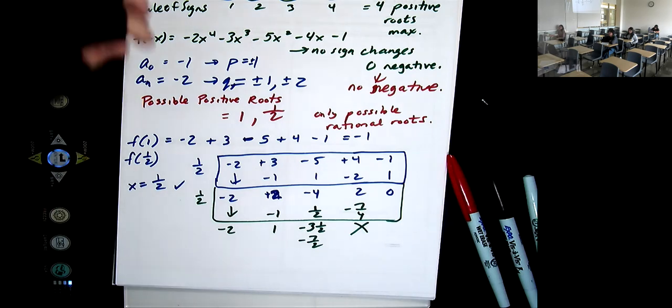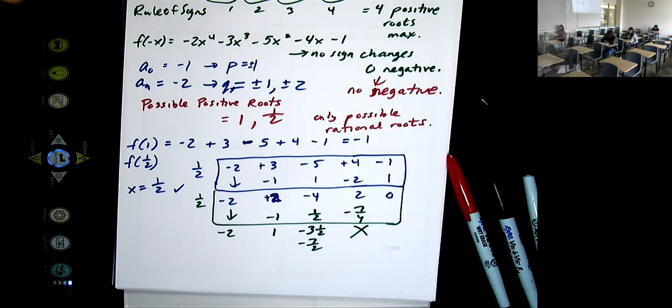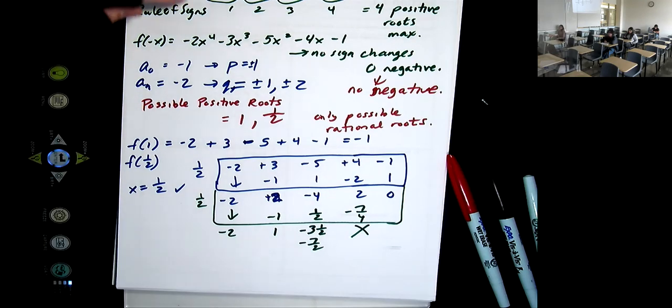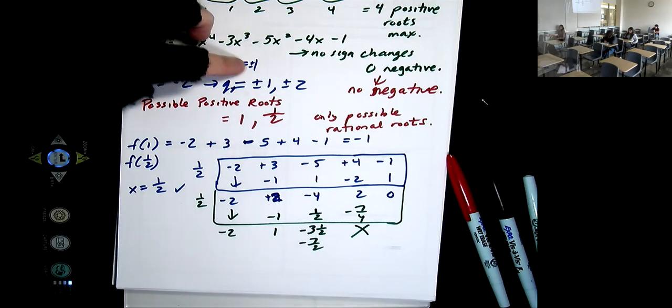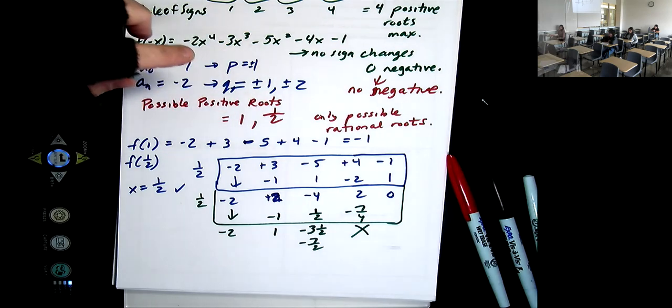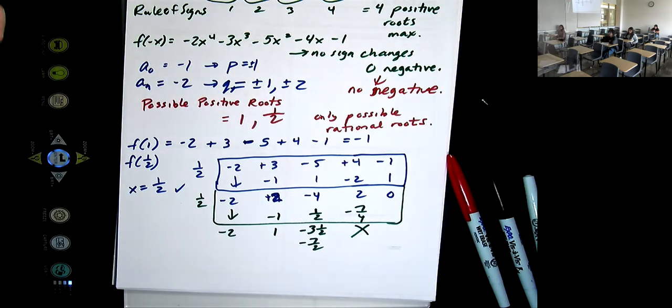Did I write this down right? 1 over 1 and 1 over 2, those are the only positive roots. We check f of 1.